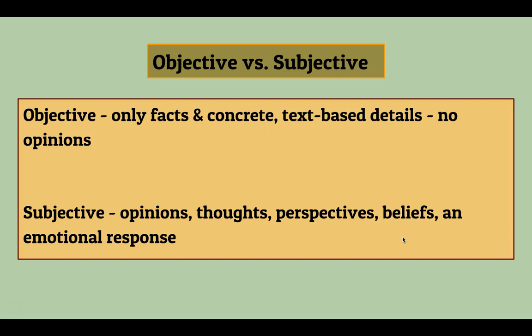It can be an emotional response, okay? When you're having that emotional response, you've seen a movie that you really didn't like, that is a subjective review, okay? Objective, just the facts. So the standard says only use evidence and details explicitly from the text. All right, don't put your own emotions or your own opinions in there.